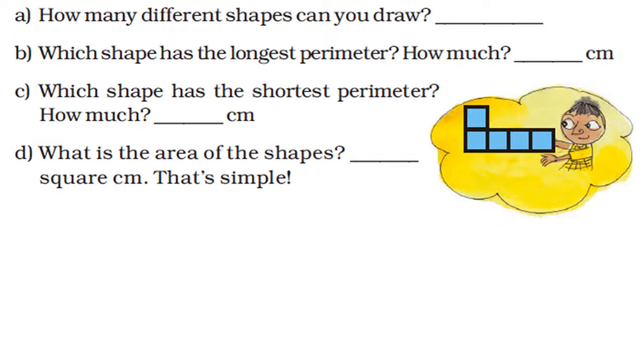Shape P has the shortest perimeter. How much? 10 centimeter. What is the area of the shapes? The area of each shape is 5 square centimeter. That's simple. Why? Because there are a total of 5 squares in each shape.